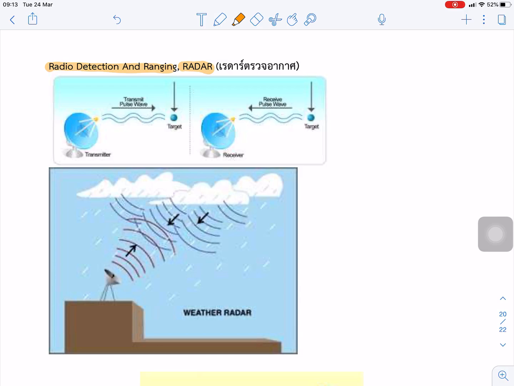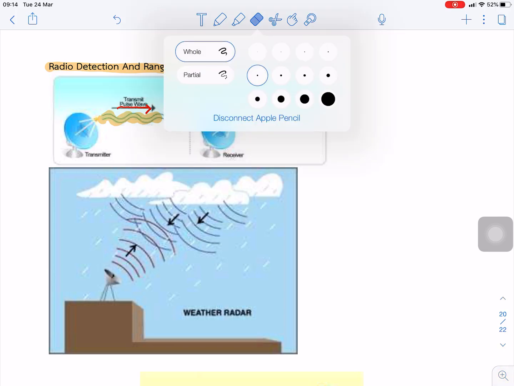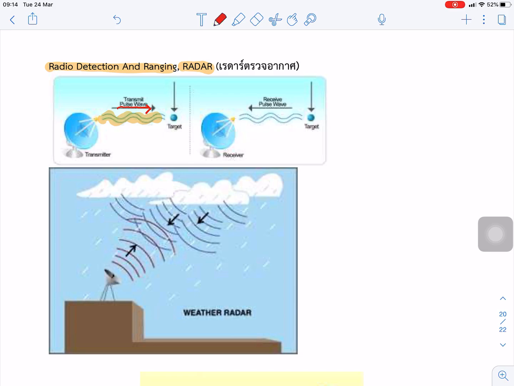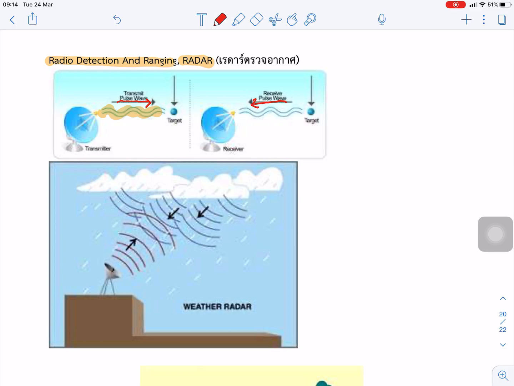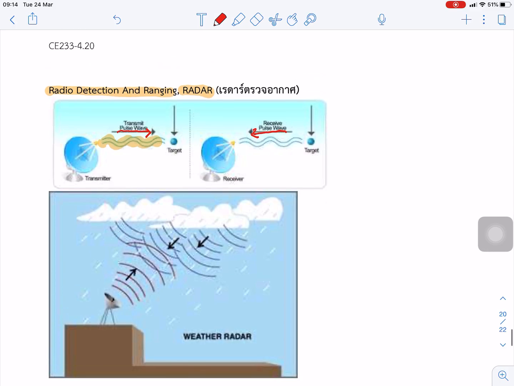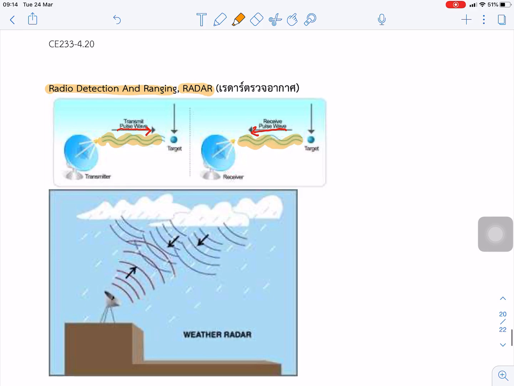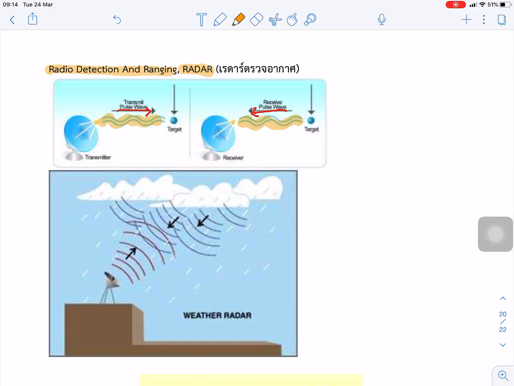The system of this radar is to send the signal, a pulse wave, to the object, and it brings back the pulse from the object, from the target, and the receiver receives the signal and can analyze it and understand the location of the target and the size of the target.